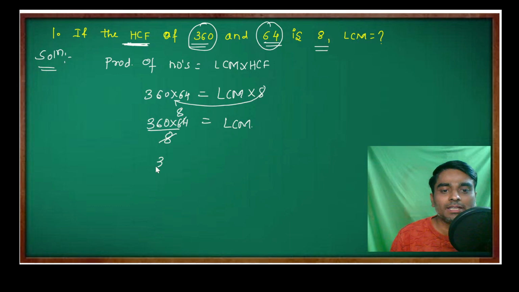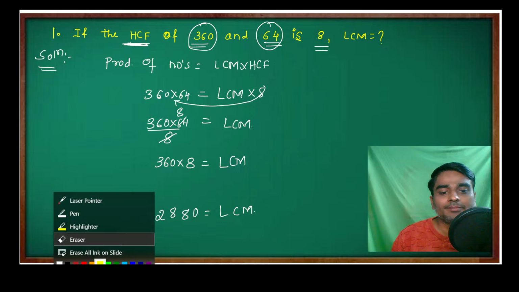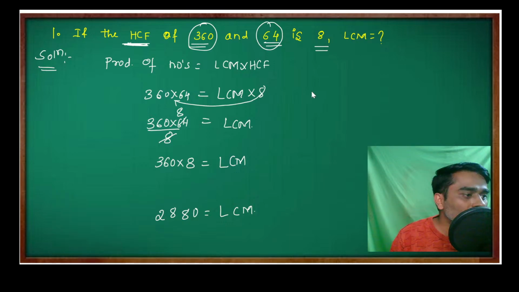The remaining numbers are 360 and 8, and 360 into 8 is 2880. So 2880 is the right answer. Agree?